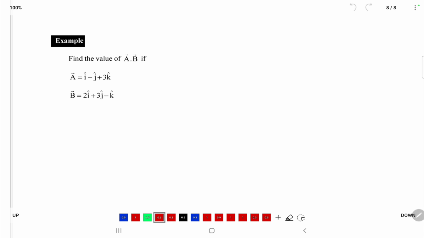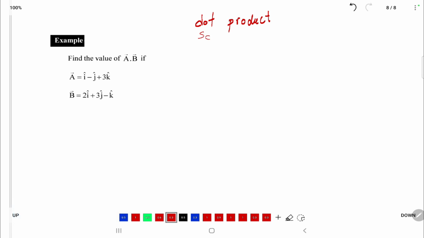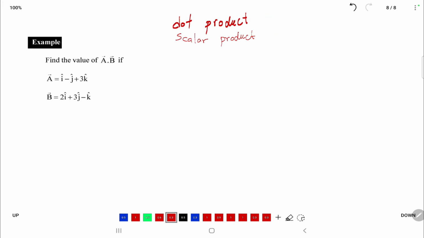Now we are on the dot product. Sometimes they call it a scalar product. It is designated by vector A, vector B, and here there is just a dot.